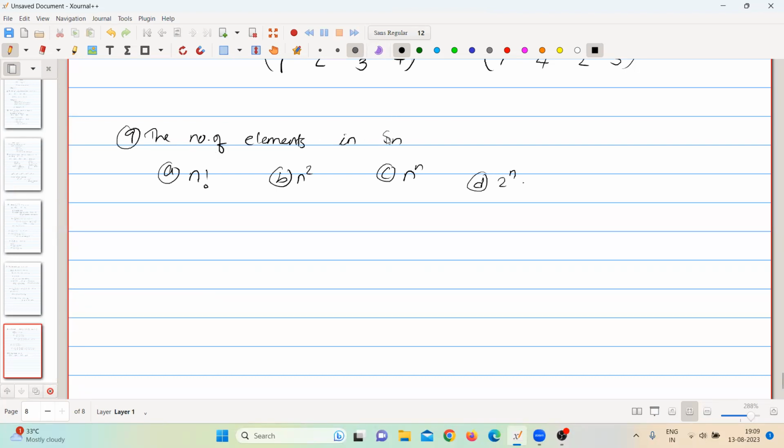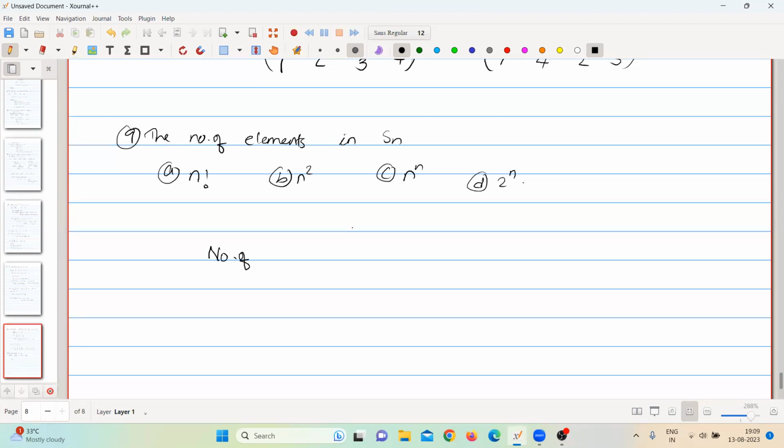Sn, we already know what is Sn, the set of all permutations on n letters, 1 to n. So the question is to find the number of elements in Sn. So any answer, any guess? n factorial.